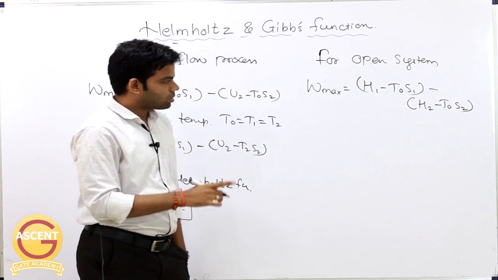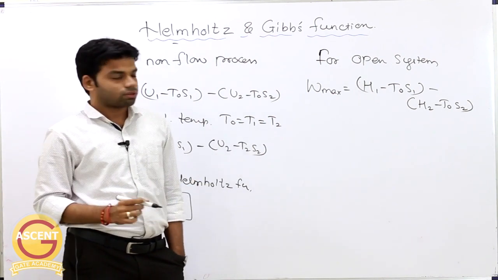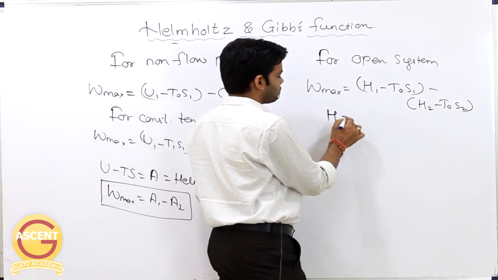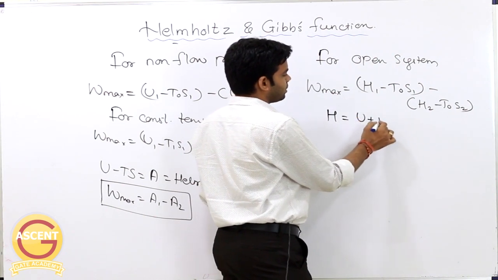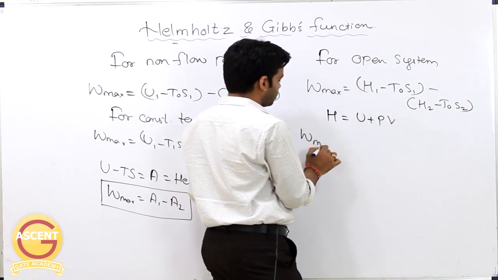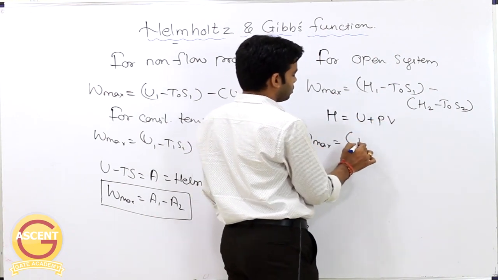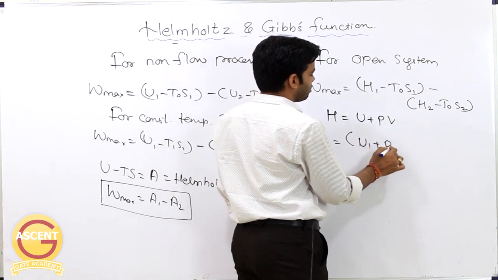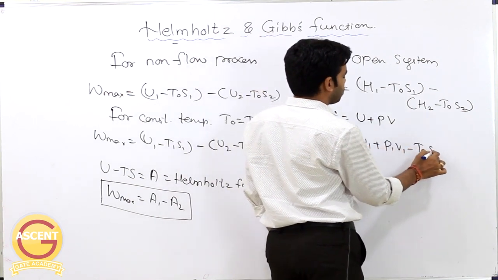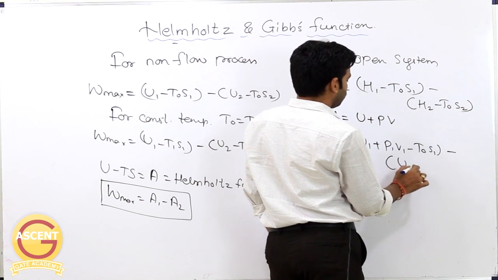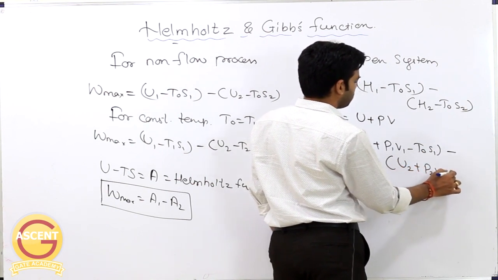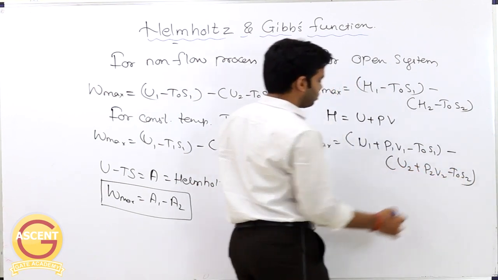Now this H can be written as, as we know, enthalpy is equal to U plus P into V. So this W max here can be written as U1 plus P1 V1 minus T0 S1 minus U2 plus P2 V2 minus T0 S2.